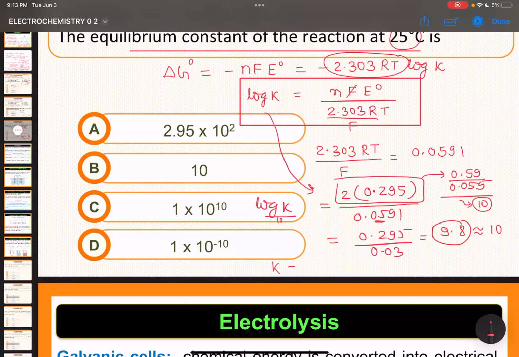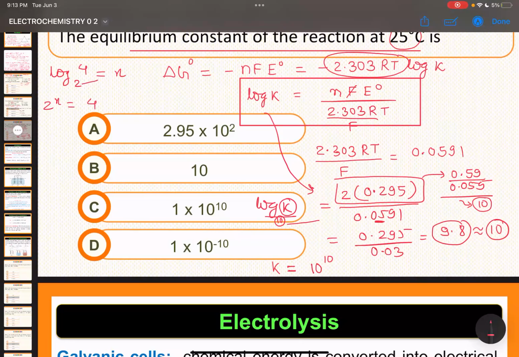And K is, whatever the base is, the base should be raised to the power of the given number. 10 is the base and the value of log is 10, and that will give the value of K. This is the definition. For example, if you have log 4 to the base 2 equal to x, then 2 to the power x equals 4.